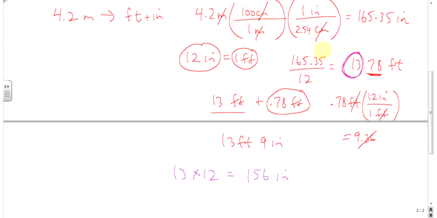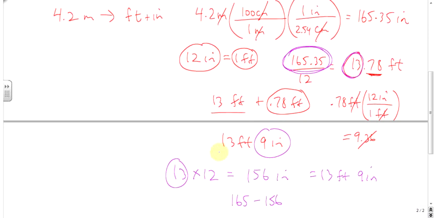All right, but remember I had 165.3 inches. So this is 13 feet. How many inches do I have left over? What is 165 minus 156? Well, again, that'll give you 9 inches. 13 feet, 9 inches. Okay?